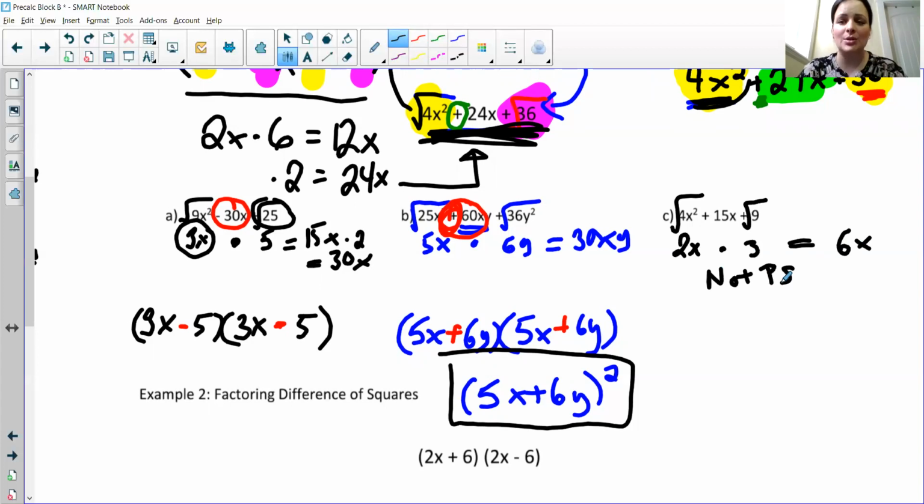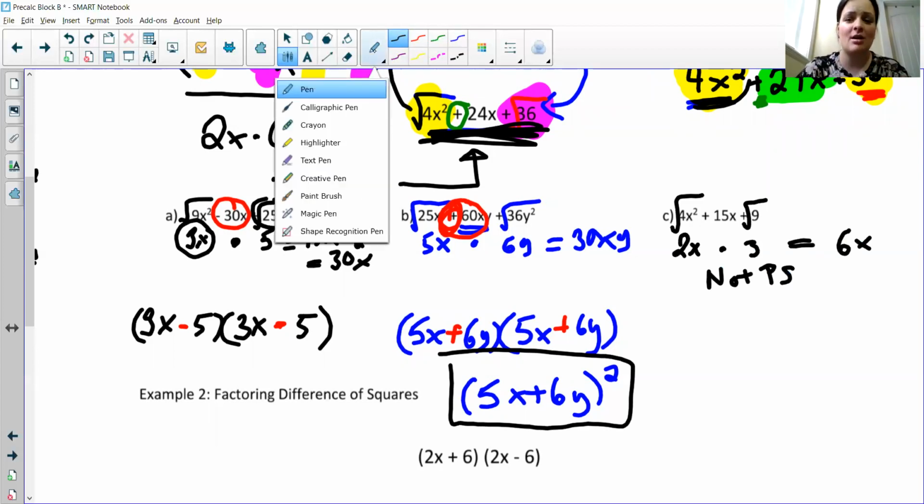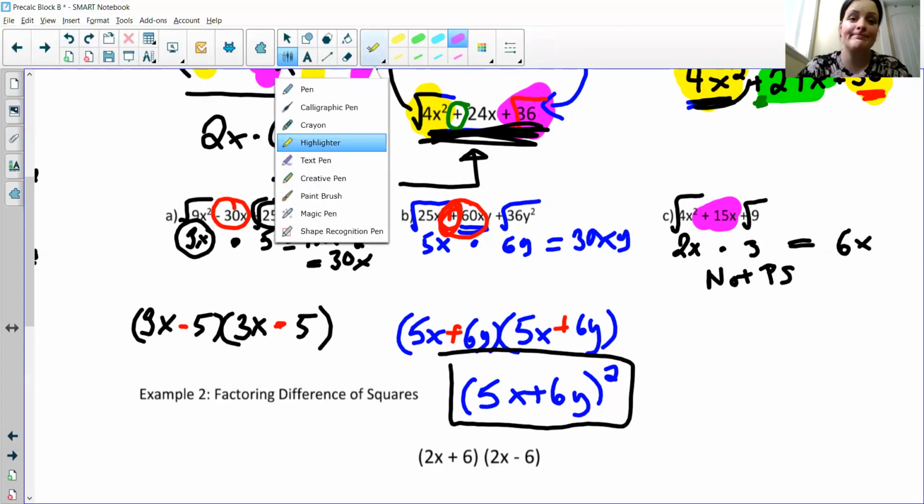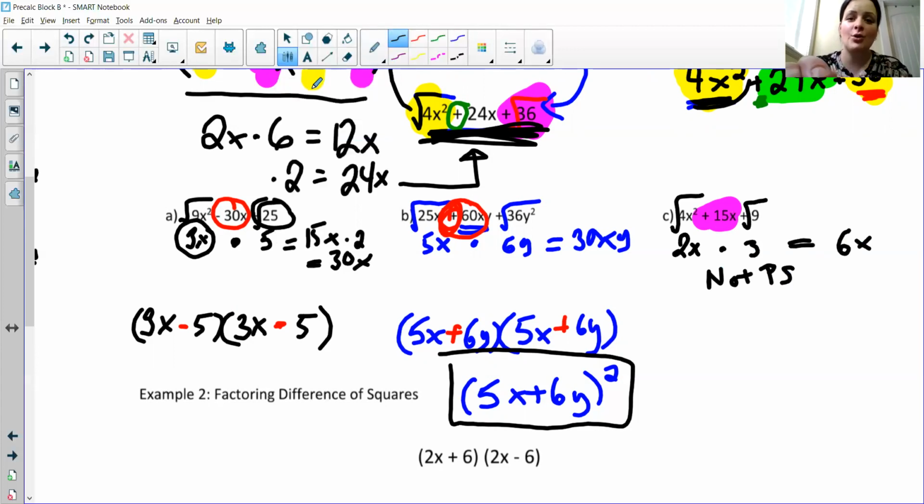So you can't use this method, even though it looks so good because it has a perfect square at the front and a perfect square at the end. This middle term is not 12x. Oops. So you cannot factor it with the special trinomial method because it's not special. Sorry, trinomial, not special.